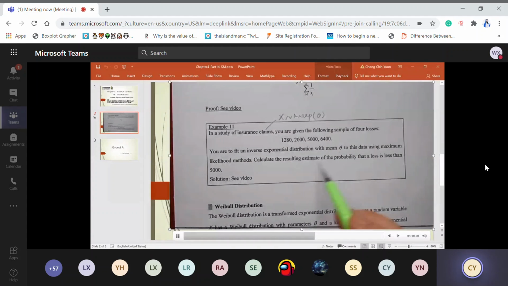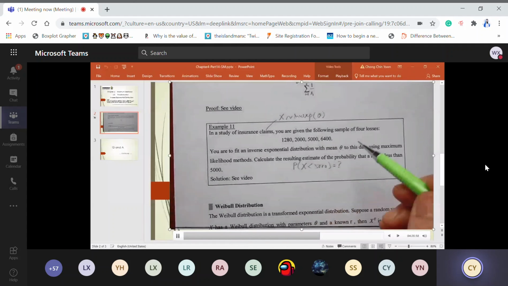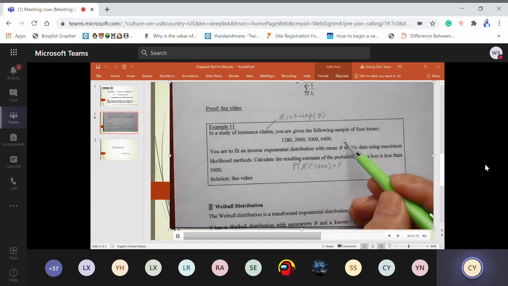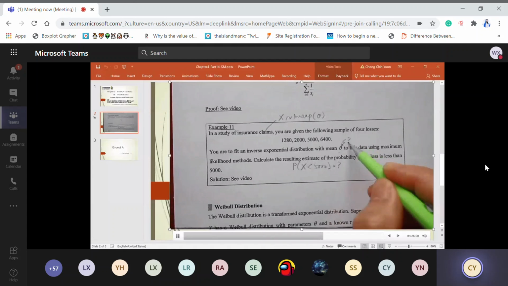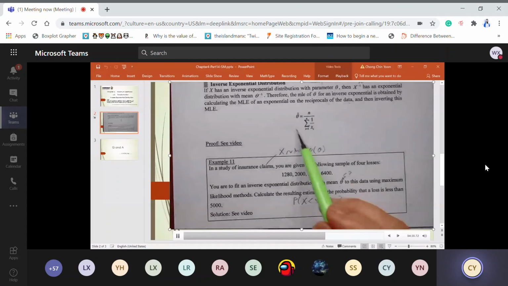Our aim for this problem is to find the probability that the loss is less than 5,000. In other words, we have to find the value of the parameter theta. Then we can use this result to solve the problem.